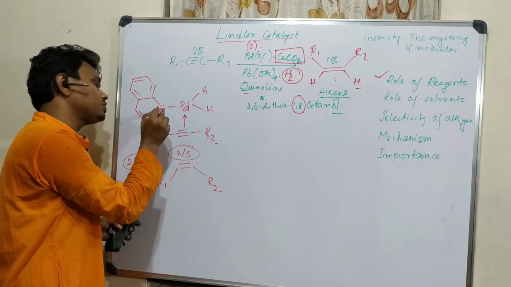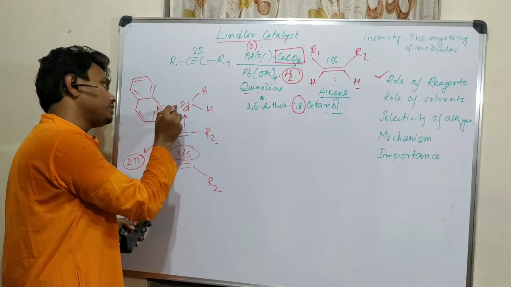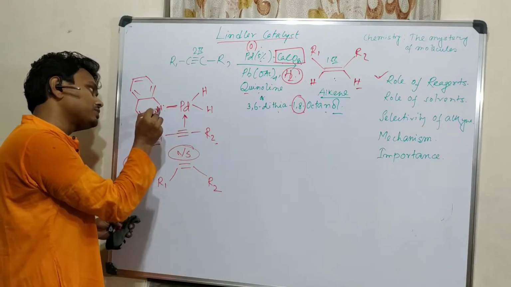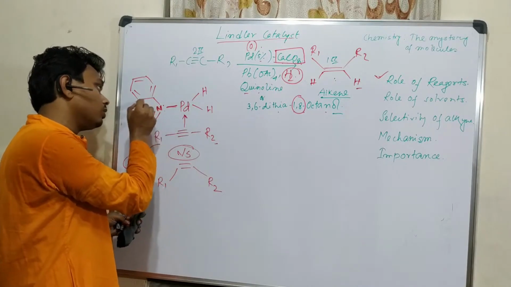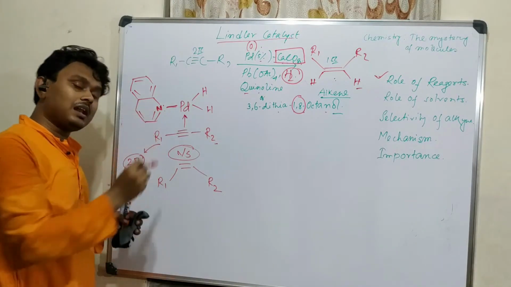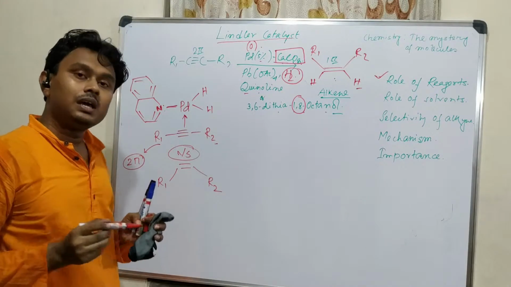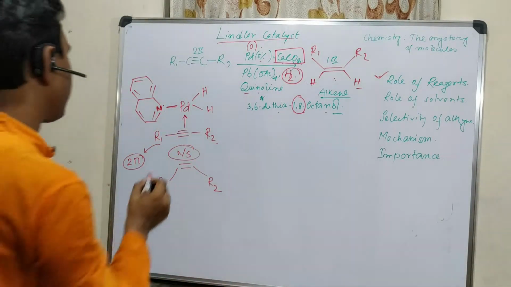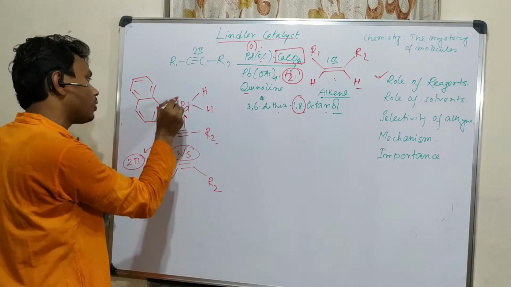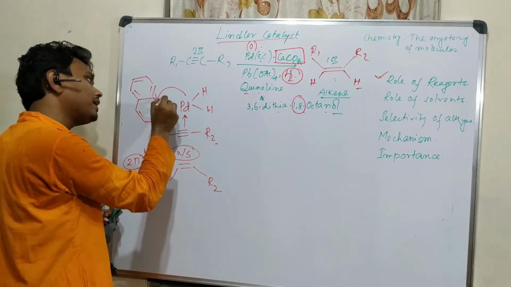Second, if you check the donation of this quinoline, it is donating through the lone pair, but it also accepts using the pi star, or actually the LUMO of this. We know it is like pyridine, and we know that pyridine is electron deficient, and this electron deficiency helps to withdraw more electron cloud from palladium.